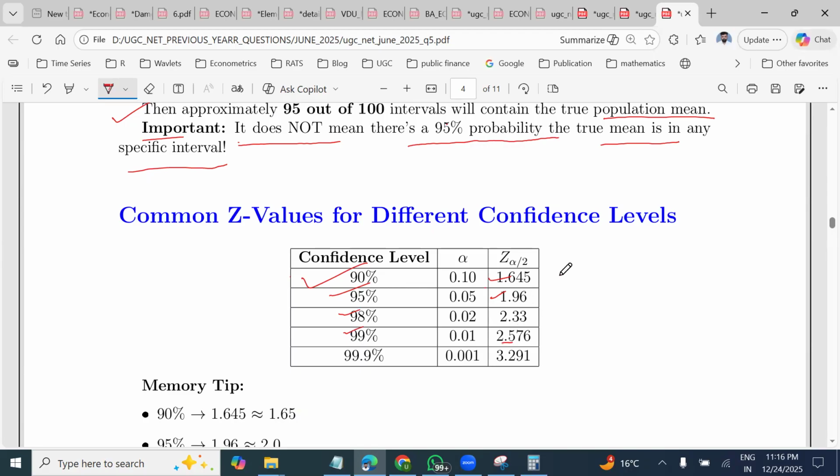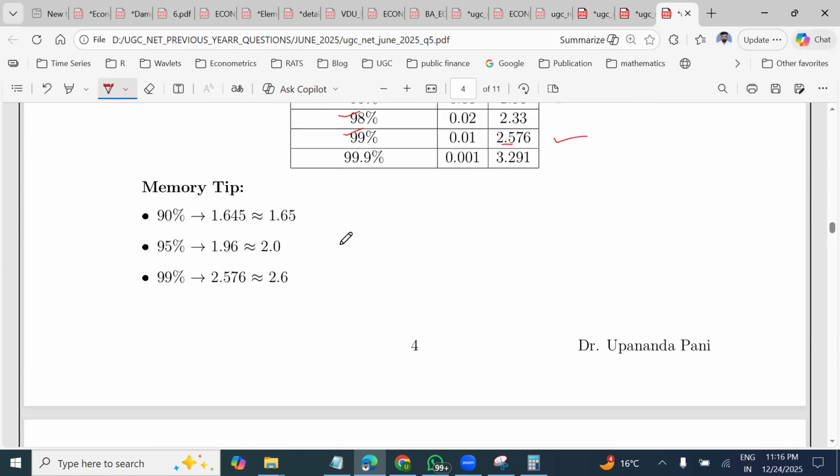What you have to remember is 1.64, 1.96 and, for 99%, 2.57. How can you memorize it? If we put approximate values also, it's fine, not a problem. We will get an approximate answer.